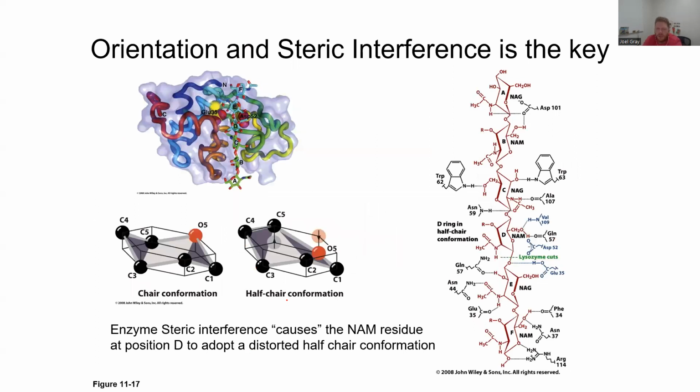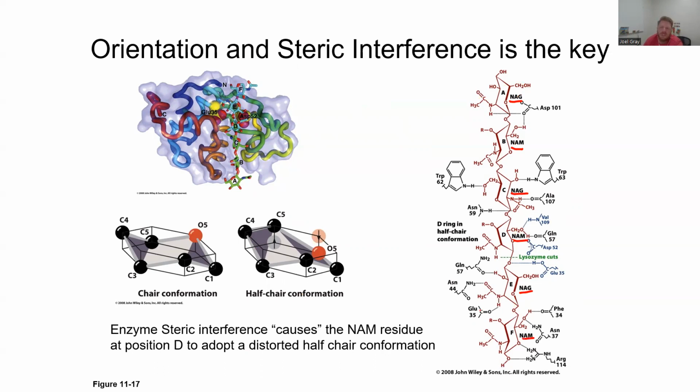So one of the things that's very important for lysozyme to be functional is positioning of this repeated sugar structure within its enzyme active site so that it can be broken. Now, if you look over here on the right, what you see are NAG, NAM, NAG, NAM, NAG, NAM.